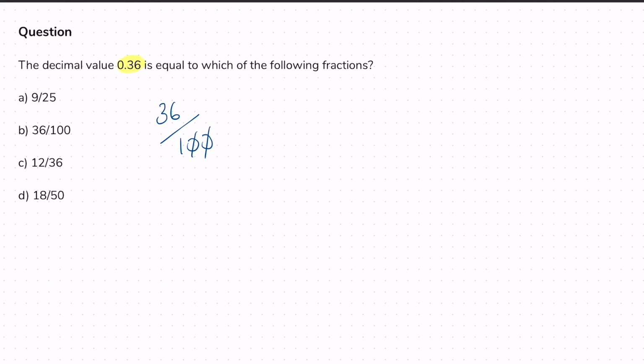Well, I can express this by scaling down, seeing that they both have a factor of 2. 18 times 2 is 36, 50 times 2 is 100, so these cancel out, leaving me with 18 and 50. Well, let's think about it again. Can I go any further?